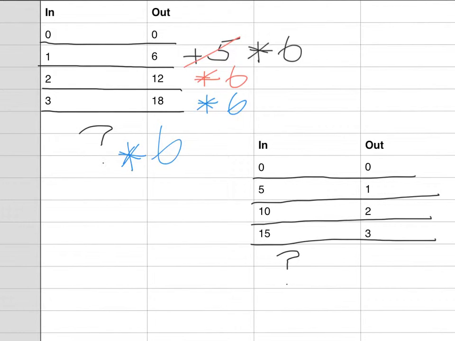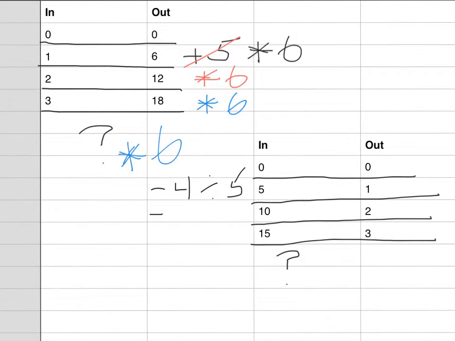Okay, so the first rule here, 0 in, 0 out, that doesn't tell me anything. In 5, out 1. So that one could be minus 4, or it could also be dividing by 5. The next one is 10 in, out 2.